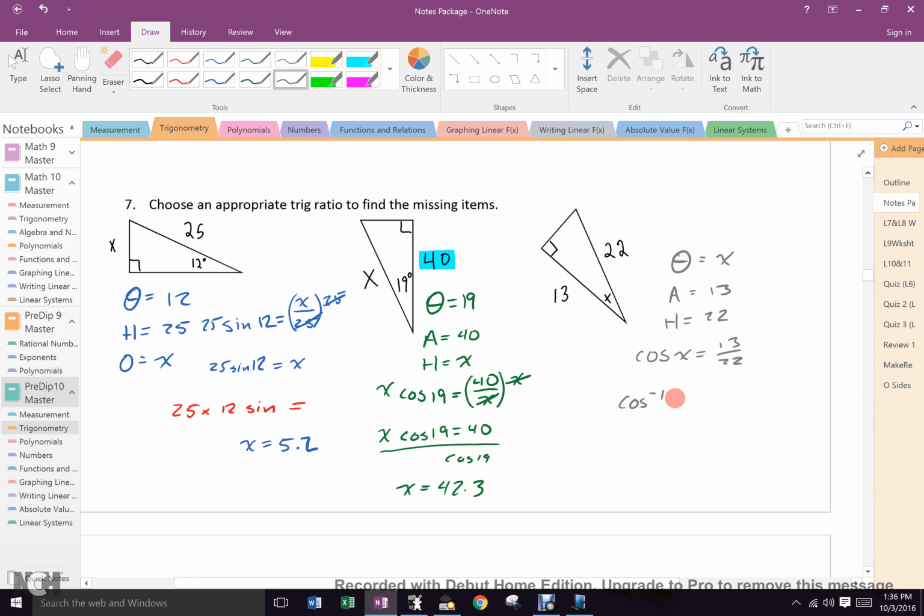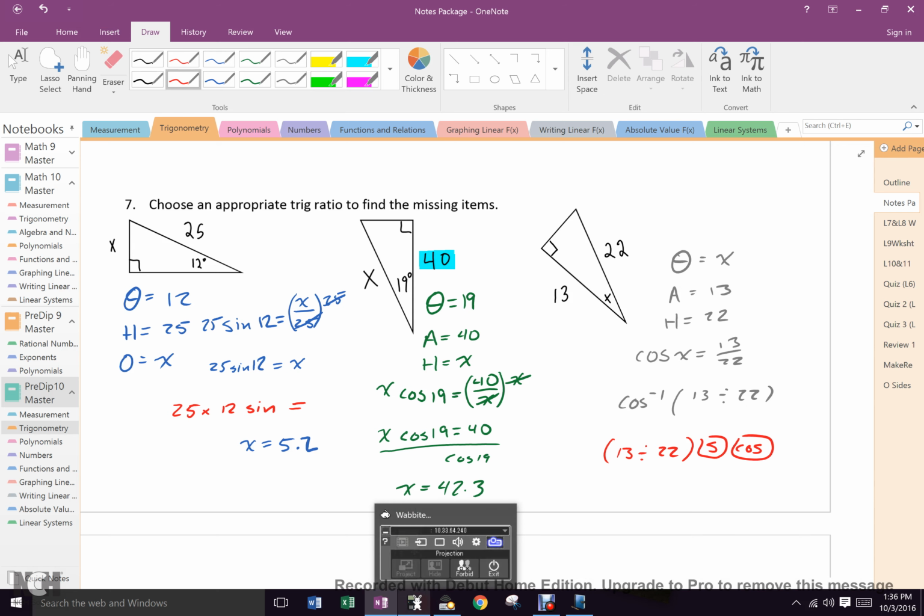Shift cos of 13 divided by 22 brackets. Now, that's what you're going to punch in unless you have a backwards calculator, in which case you are going to reverse it, and you are going to go bracket 13 divided by 22, close brackets, shift cos. And you may or may not need to hit equals. It depends on your machine.